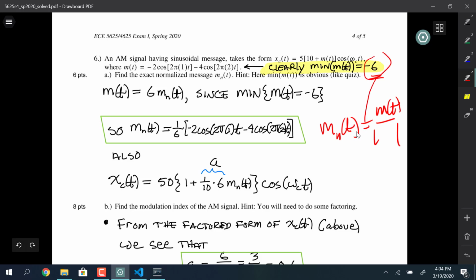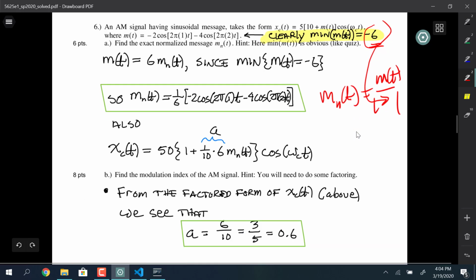So this number is what gets plugged in here. Somebody definitely knew what they were doing because they wrote that nice and clearly on their paper; that is how we form the normalized message. So dividing by 6, the amplitude and phasing of the message signal is not getting messed up. You don't divide by -6, you divide by the absolute value of -6.